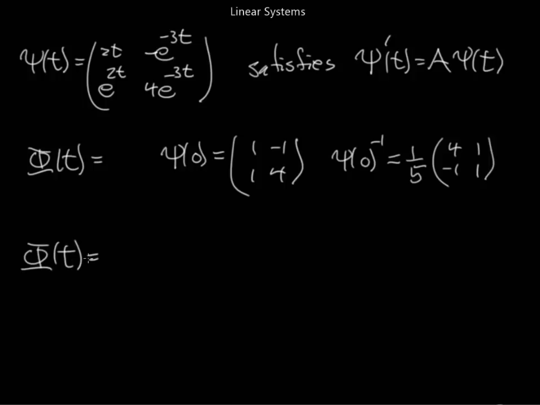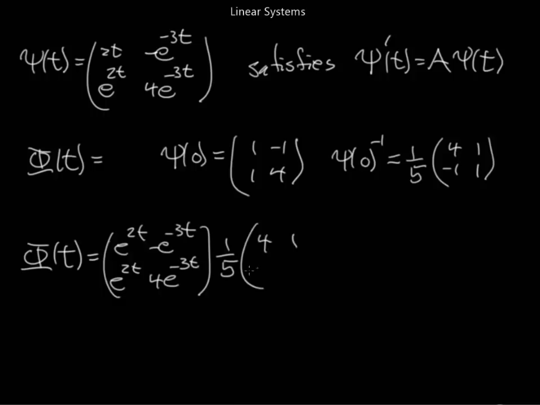So phi of t is the following matrix. It's the original matrix, e to the 2t, minus e to the 3t, so on and so forth, times this constant matrix on the right. And what you get is what? Let's see, you get 1/5, 4 e to the 2t plus e to the minus 3t.